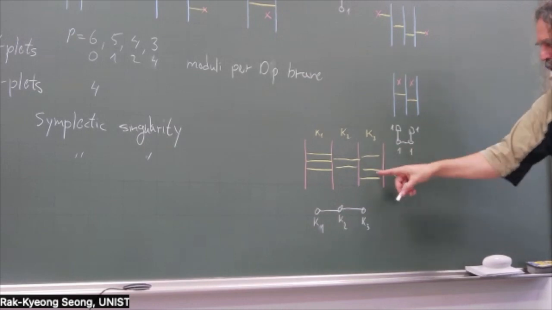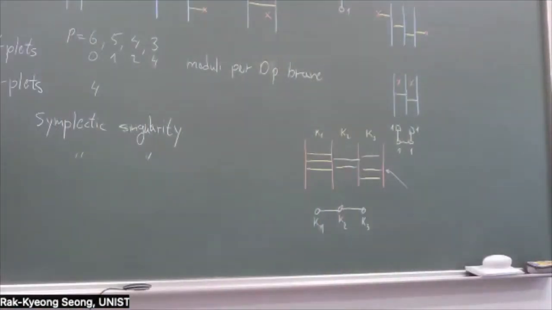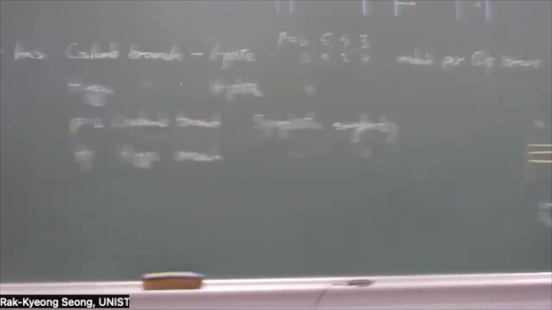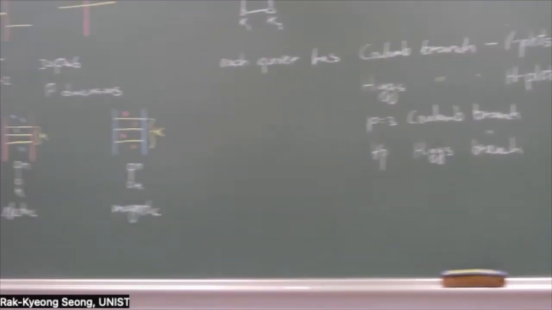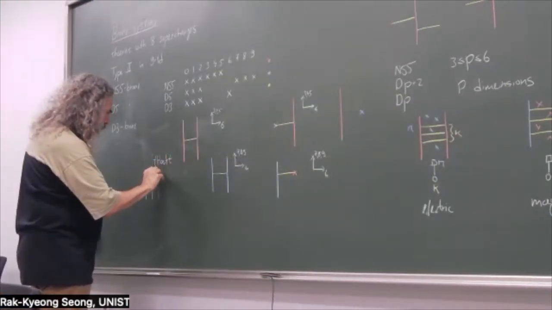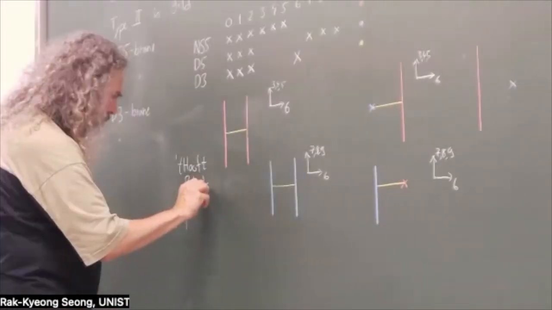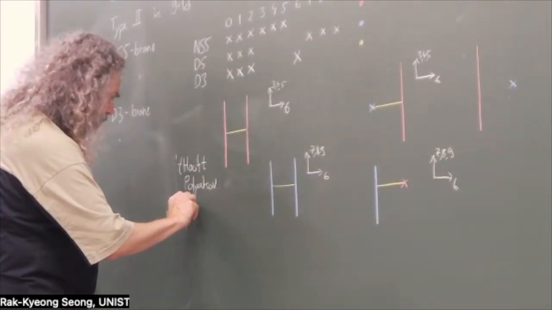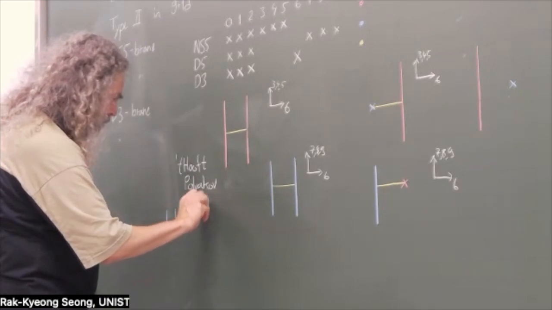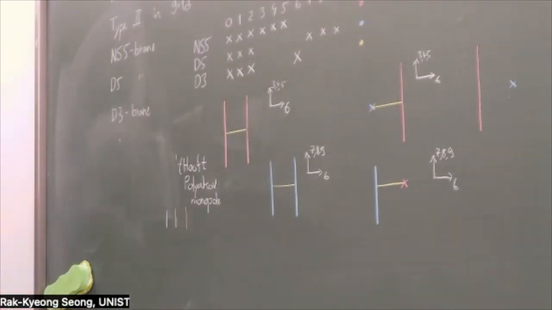But I could interpret them as, so in physics, we call a brane which is stretched, like here, this thing here. This is the 't Hooft-Polyakov monopole. There is a corresponding differential equation called the monopole equation.